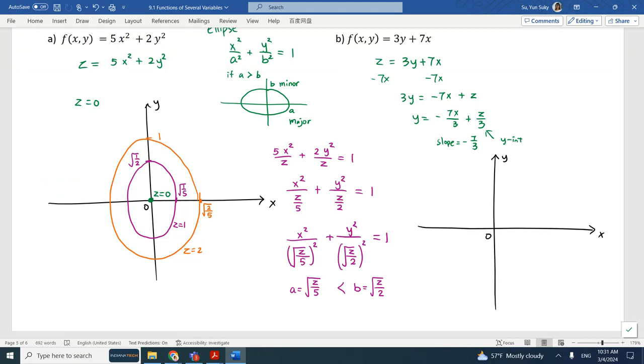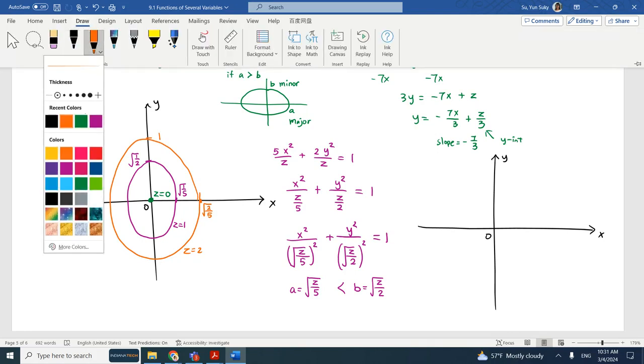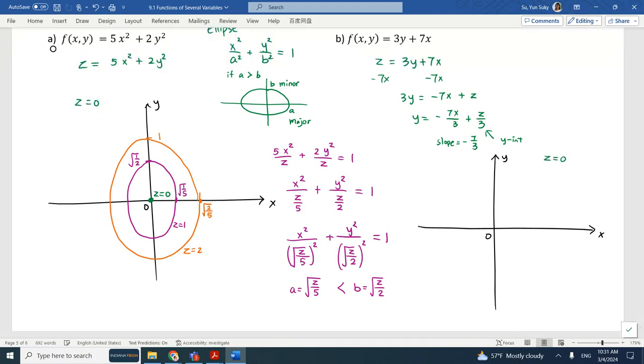Okay. So look, the y-intercept is z over 3. And what do you pick the z to be? Easy number. I pick z is 0. Do you agree? Then z over 3 is 0, and we get y is negative 7 over 3x. So one point is the origin.